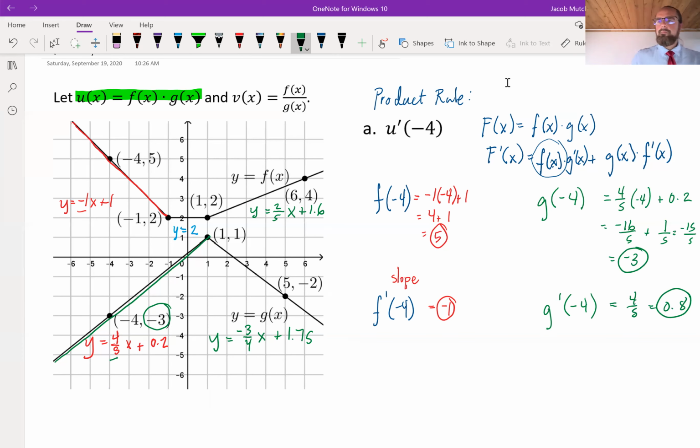So we're ready to plug stuff in here. In fact, I'll use the fraction there for that one. So again, I'm going to plug in to my product rule. So let's put our notation.